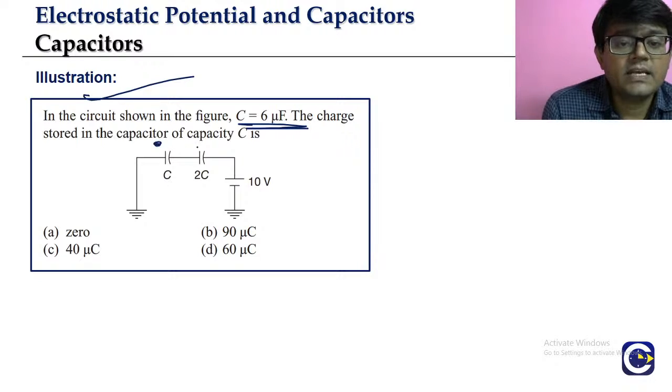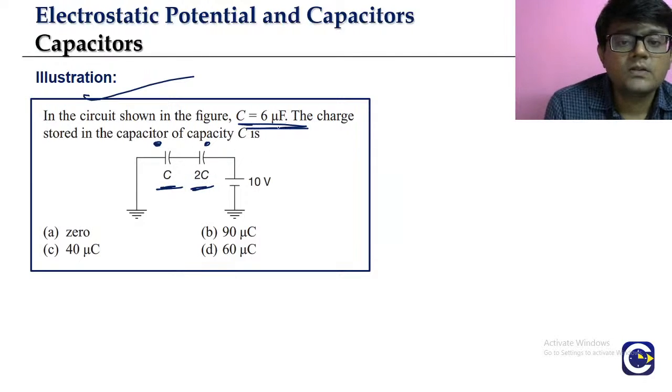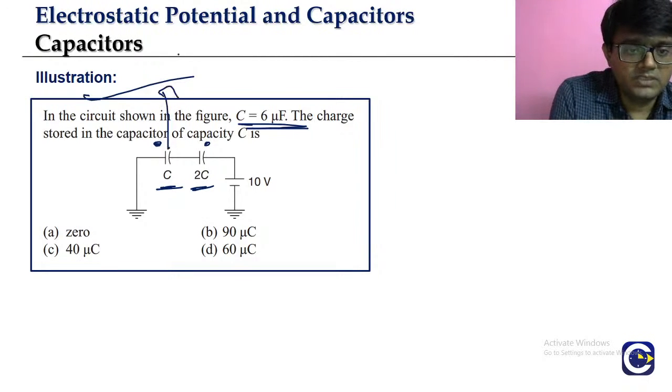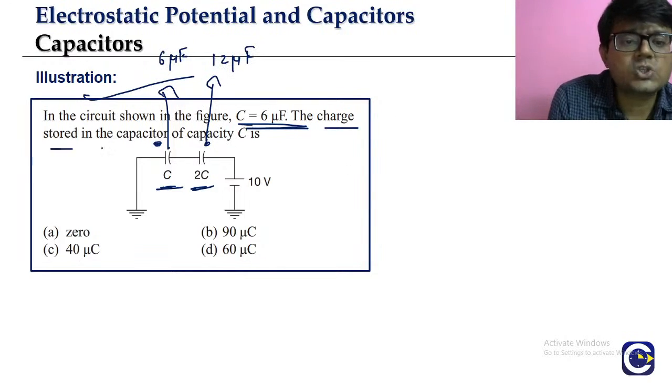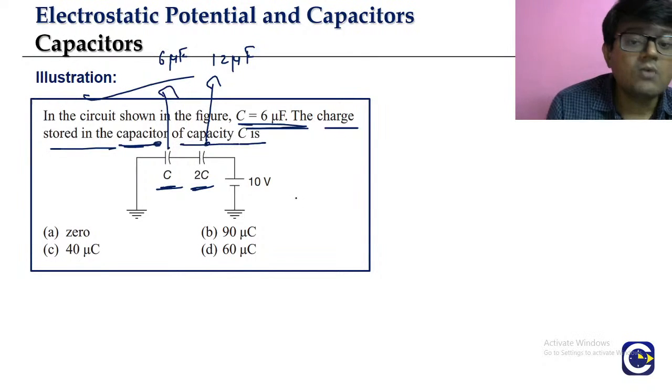They are giving us two capacitors, one with capacitance C and the other with 2C. So this is 6 microfarad, and this is 2 into 6, which means 12 microfarad. The charge stored in the capacitor of capacity C is how much? They are asking what is the charge stored in the capacitor C.